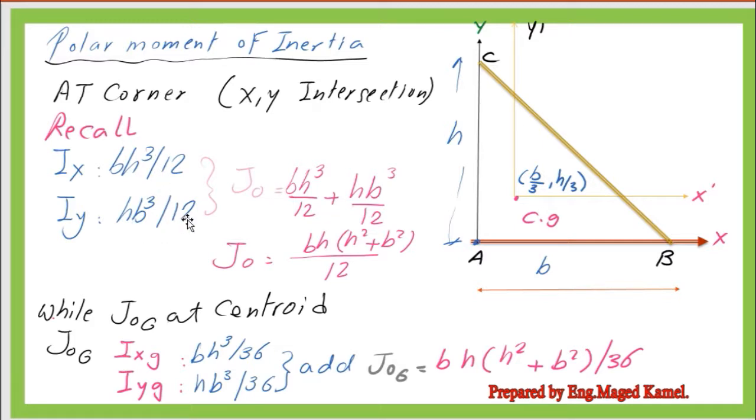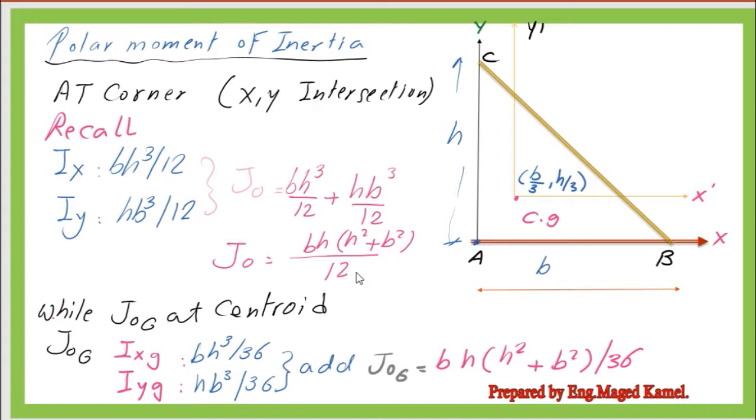Adding them together, we get J naught, which is bh cubed over 12 plus hb cubed over 12, taking bh as a common factor out. So we open one bracket, h squared plus b squared, over 12.